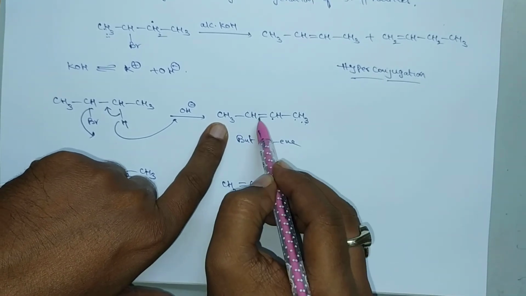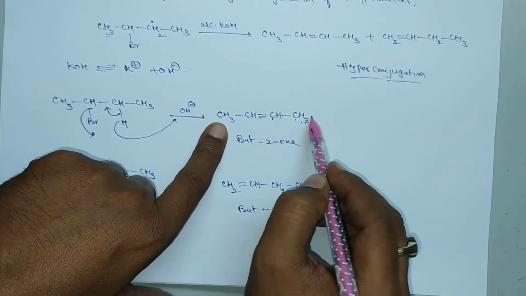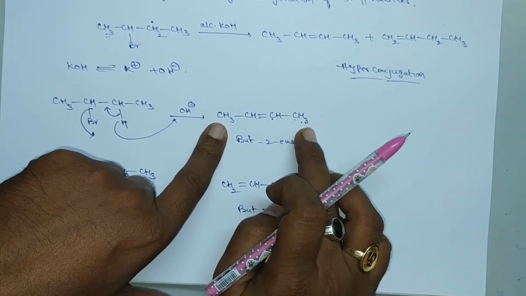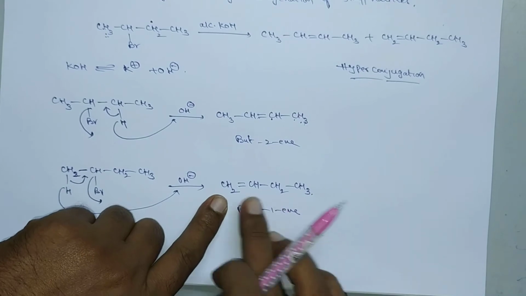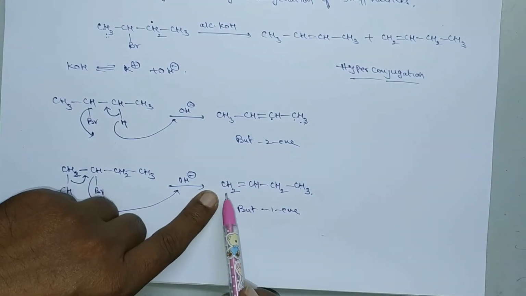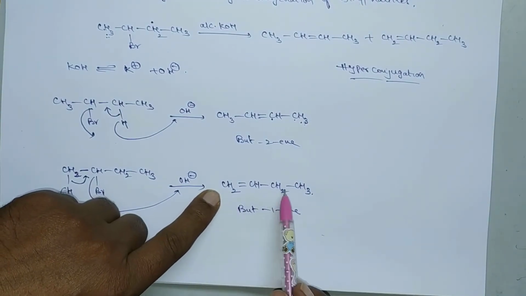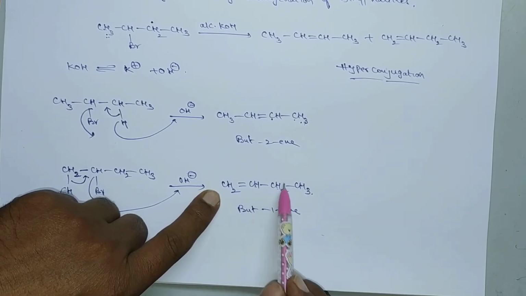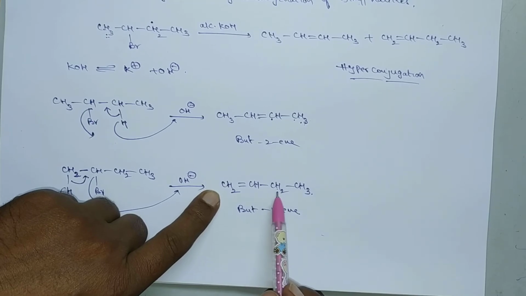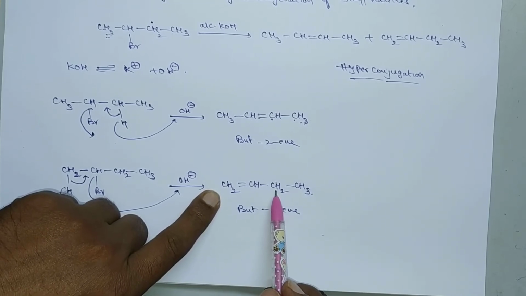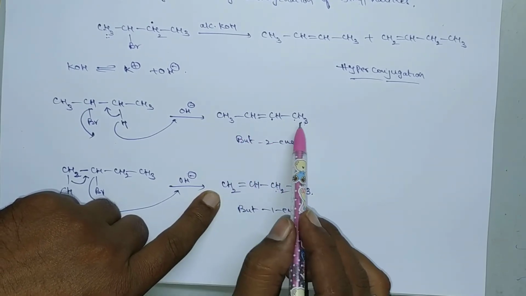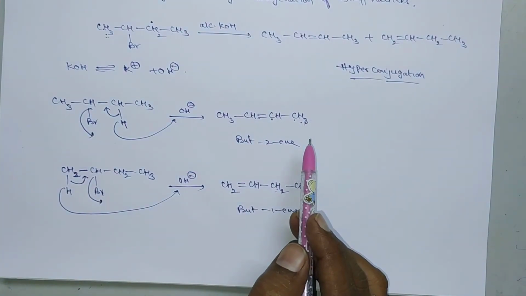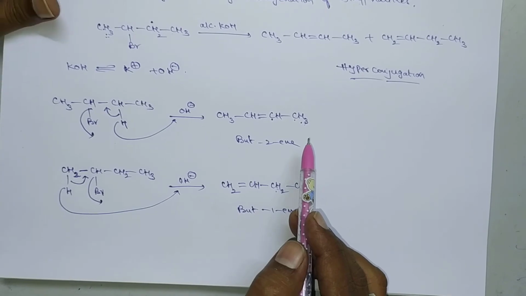The double bonded carbon is attached to an alkyl group having hydrogen atoms, so it is involved in the hyperconjugative effect. Here the double bonded carbon is attached to an alkyl group, this carbon having only 2 hydrogens, so it possesses only 2 hyperconjugative structures. This molecule will exhibit 6 hyperconjugative structures. The greater the number of hyperconjugative structures, the greater the stability of the molecule.